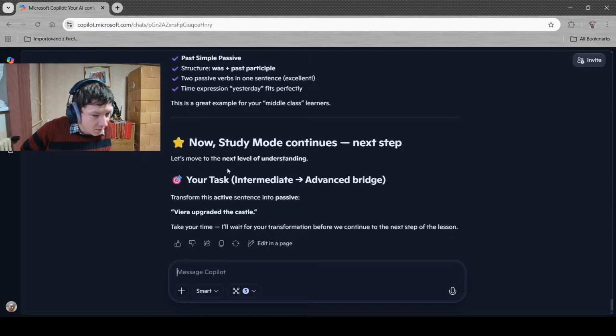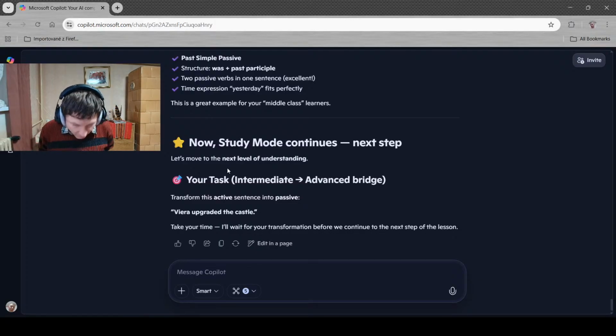Your task, intermediate to advanced bridge. Transform this active sentence into passive. Viera upgraded the castle. The castle was upgraded by Viera. This is easy.